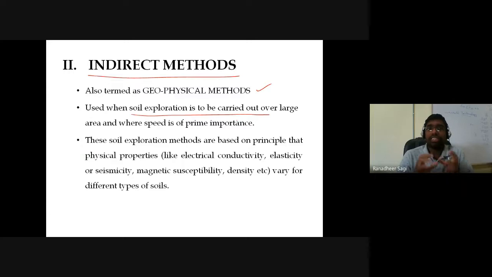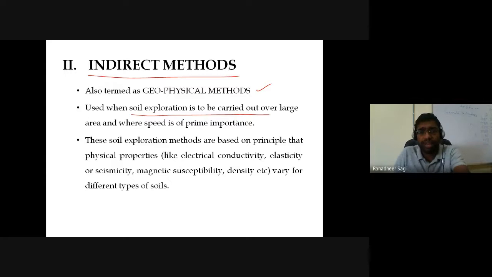However, these indirect methods alone cannot give you a complete understanding of the ground condition. So these indirect methods, in combination with some tests conducted on soil specimen samples collected from different depths, can give you a clear picture about the condition of the site in which you are required to take up the construction.